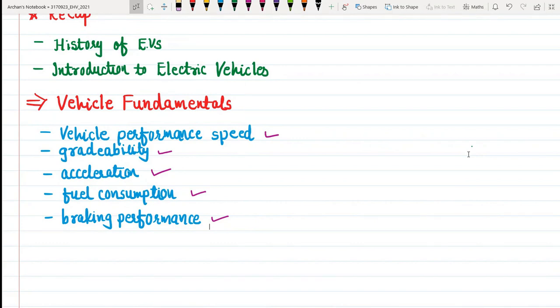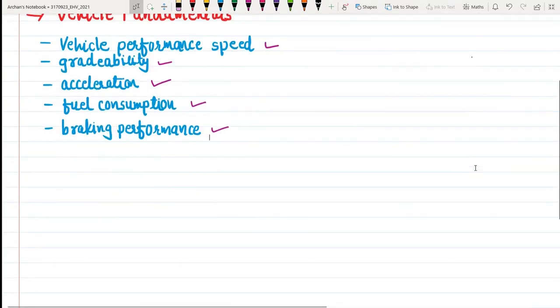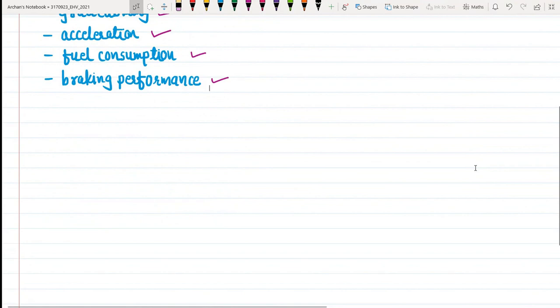In this subject, we are going to discuss the electric and hybrid electric powertrains. So the discussion of vehicle fundamentals will be restricted to one dimensional movement only. You have already done this in standard 11 and 12 physics. So we'll start with the general description of vehicle movement and then move on further.